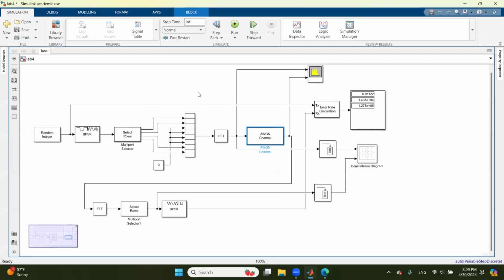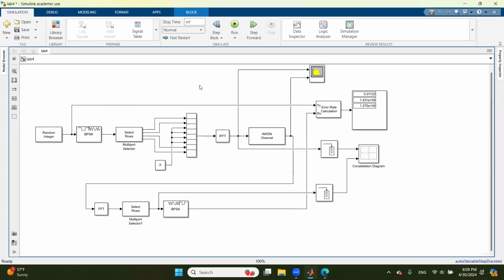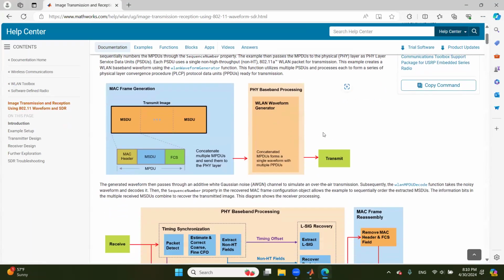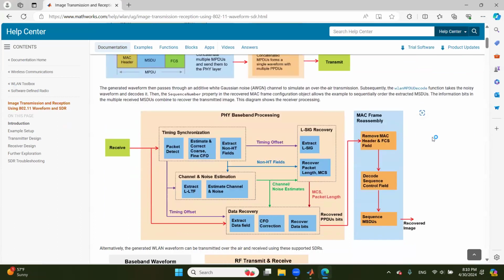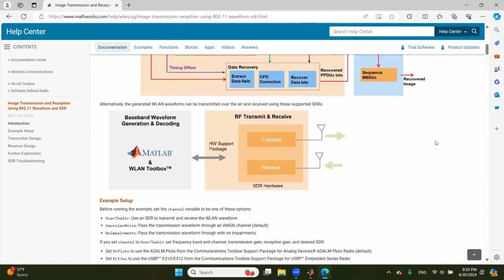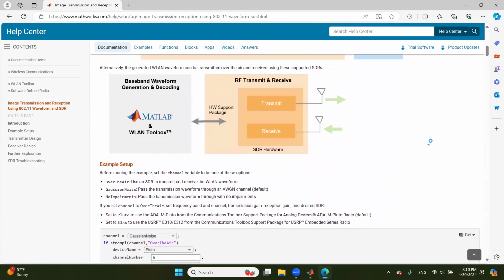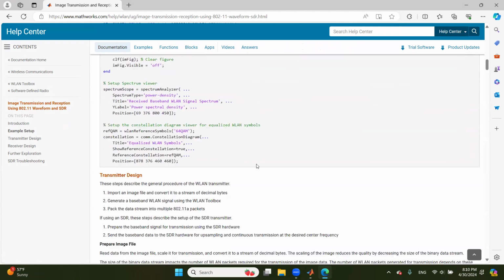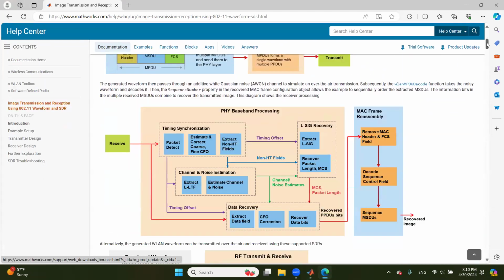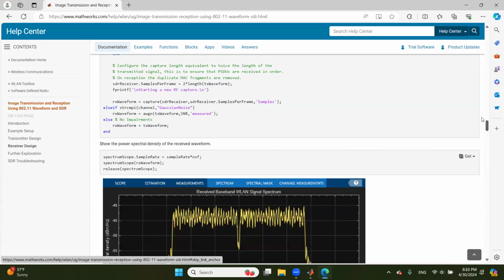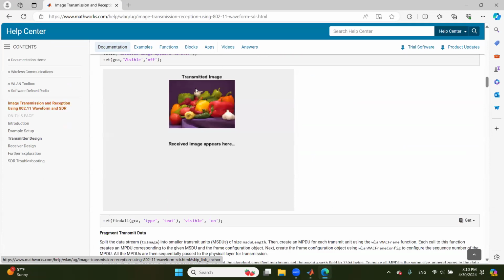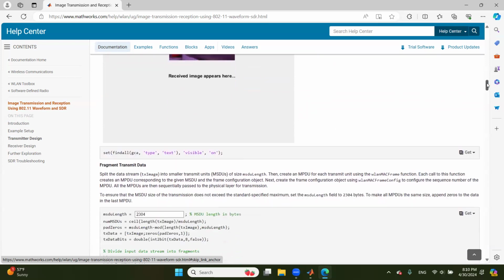This is a Simulink model, just a simulation of an OFDM system, but you can take a look at how you would go about implementing an OFDM receiver and transmitter in MATLAB. They have this little example where you can send out an image of fruits. Where did they go? Right, so you send out this image of fruits, and the received image appears there once you've got it running.